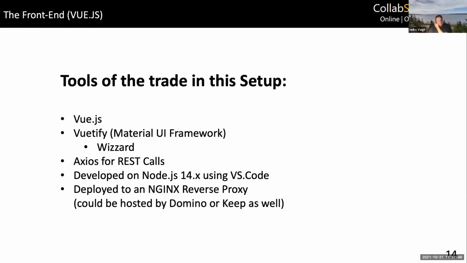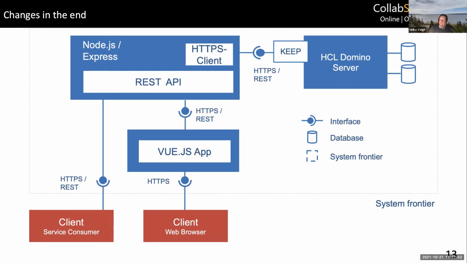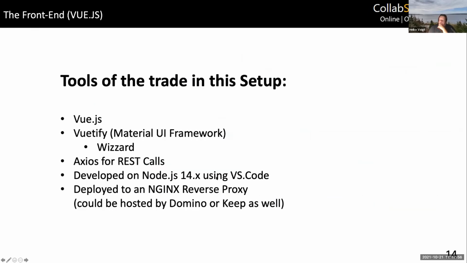So let's take this piece up from the bottom to the top. And the first thing that we're going to take a quick look at is the VUE.JS front-end application. So obviously, how did we build this? Well, we built it with VS Code, and it used the VUE.JS framework and the VUE.JS command line interface to create the project.